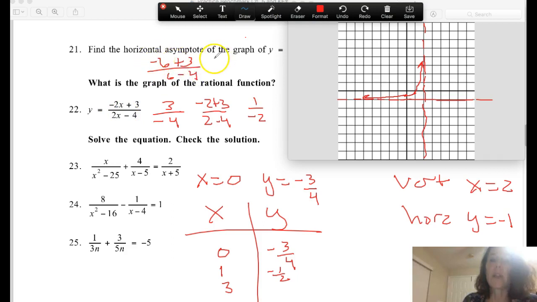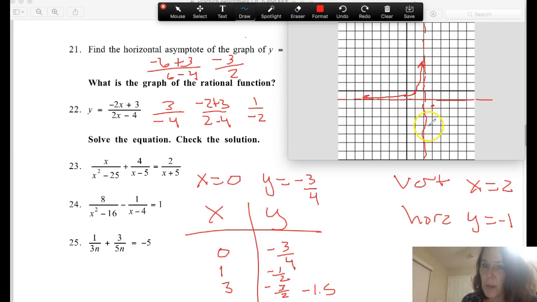On the numerator, I get -3. On the denominator, 6 minus 4 gives me 2. So I get -3/2, which is -1.5. So I'm going to go over 1, 2, 3, and go down 1.5, right about there. And you can see as I go this way, it's going to get closer to -1.